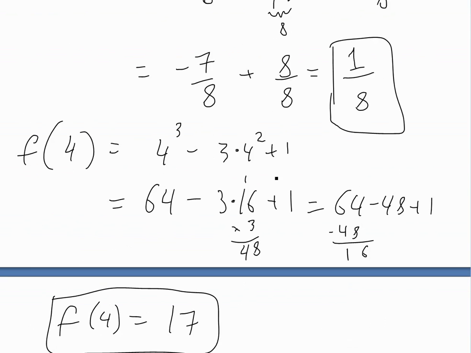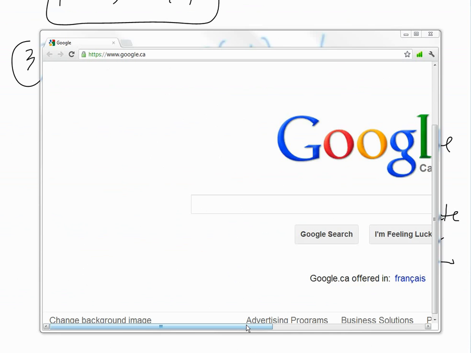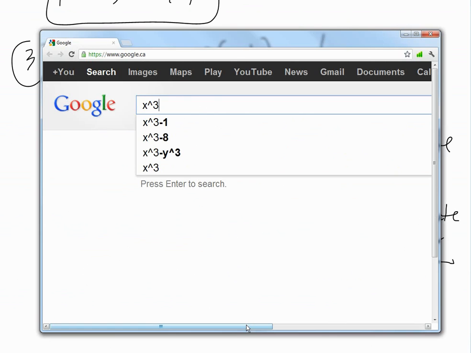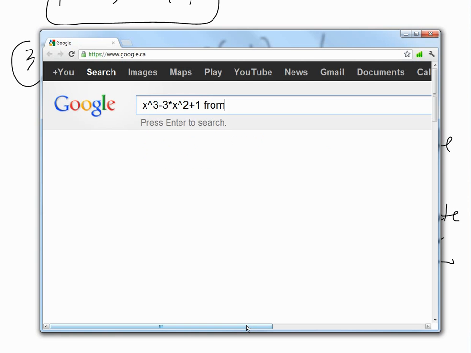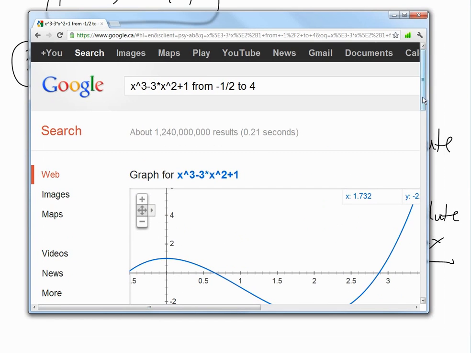But you could also graph this out. Let's grab the Google graphing calculator and see if we were right. If we graph x cubed minus 3 times x squared plus 1 from -1/2 to 4, we graph the interval we just did.